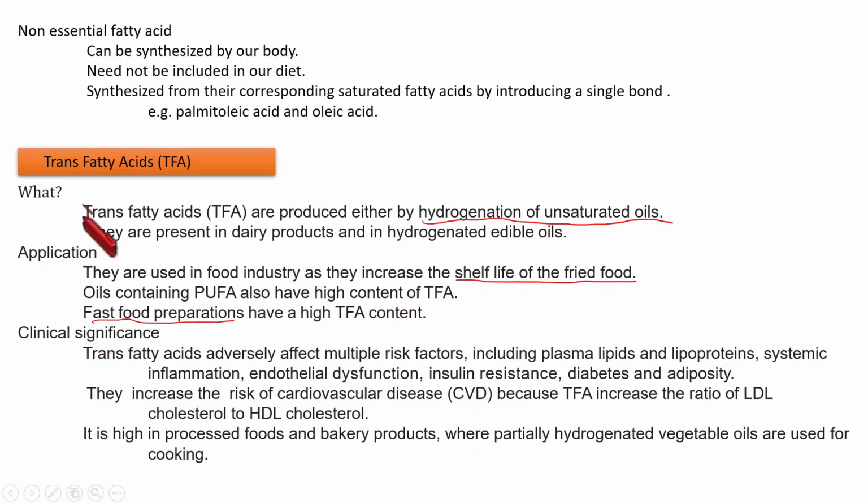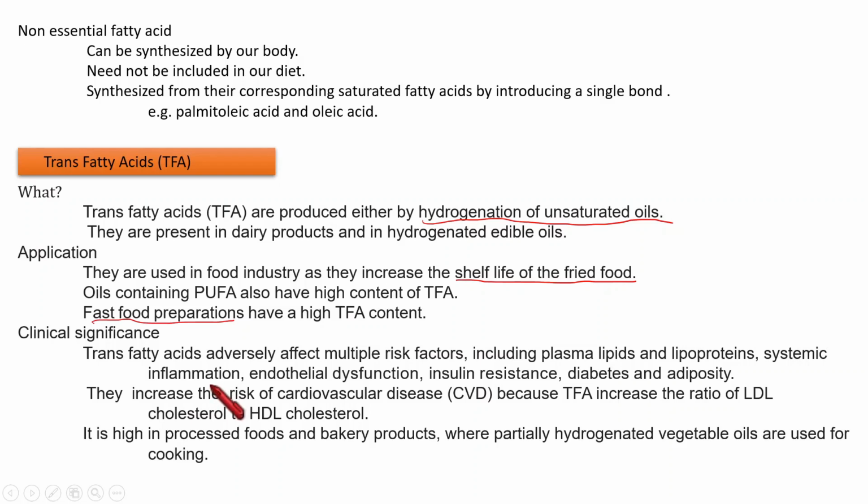What is the clinical significance of trans fatty acids? They are injurious to our health. They may result in multiple risk factors like an increase in plasma lipids, lipoproteins, and systemic inflammation. Systemic inflammation is a condition in which our immune system continuously keeps defending our body, because of prolonged stress, diseases, and many other factors.